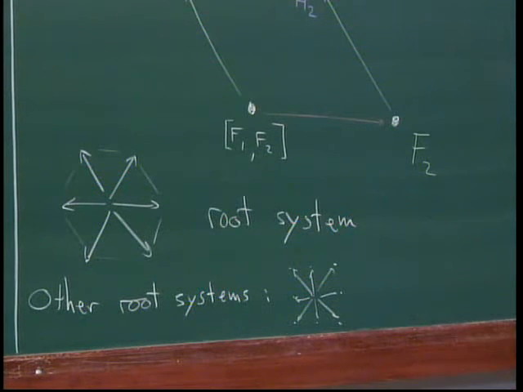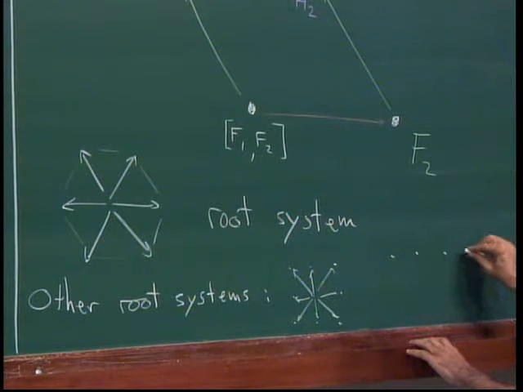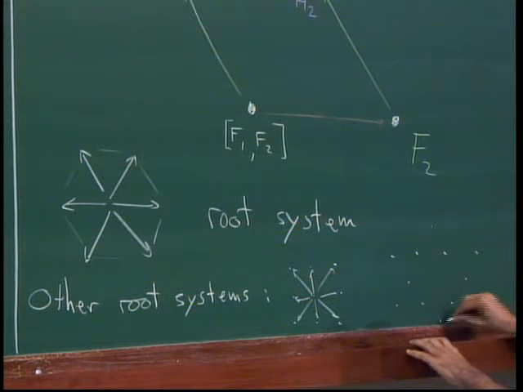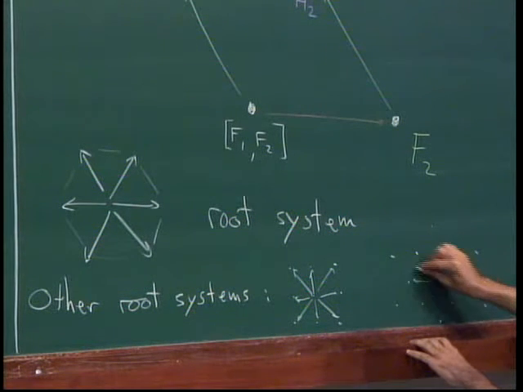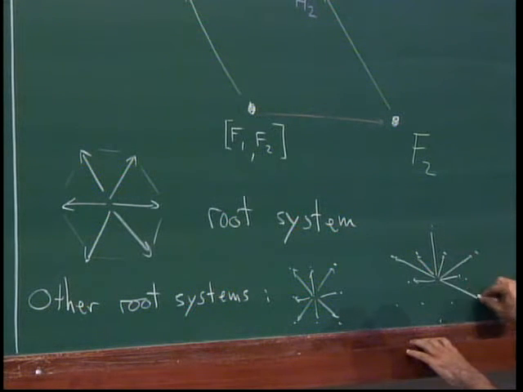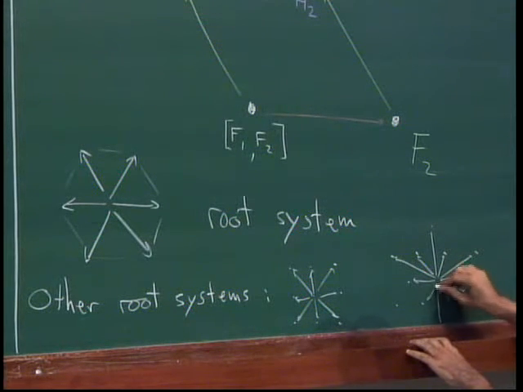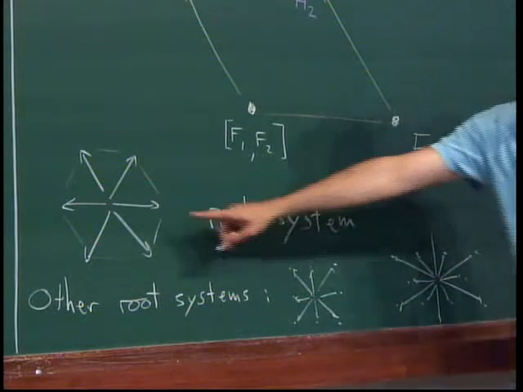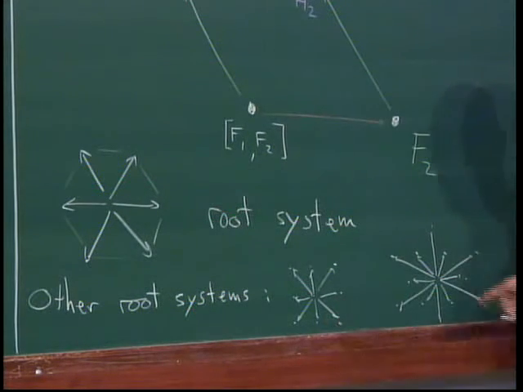There's a Lie algebra that has that shape, and there's also a Lie algebra that has this shape. And by the way, this is called type A2, this is called type B2, and this is called type G2.